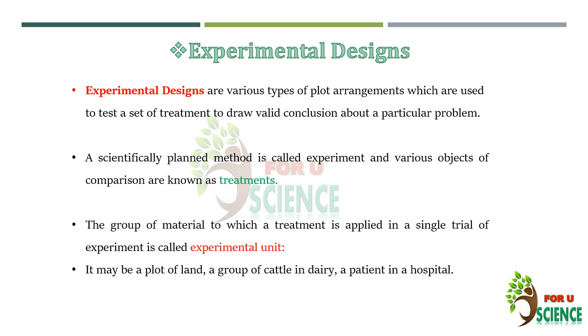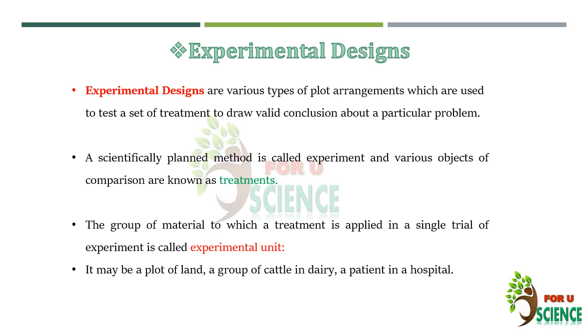Okay, suppose we are checking what amount of irrigation will be perfect for the crop. We are testing different amounts of irrigation, or suppose different amounts of nitrogen fertilizer, and checking their effect on the particular crop. Then this number of criteria will be called treatments.